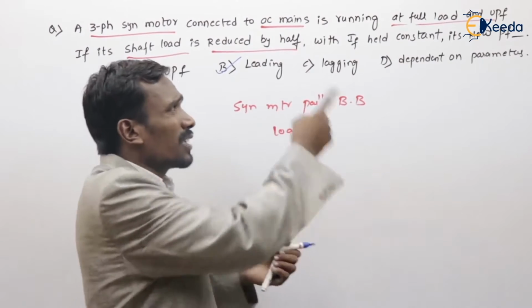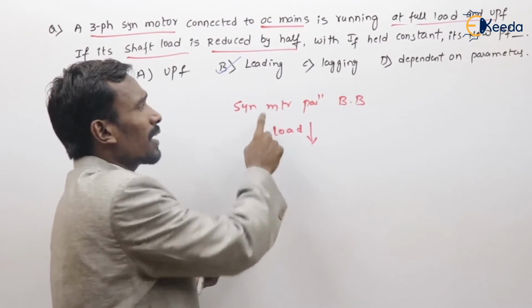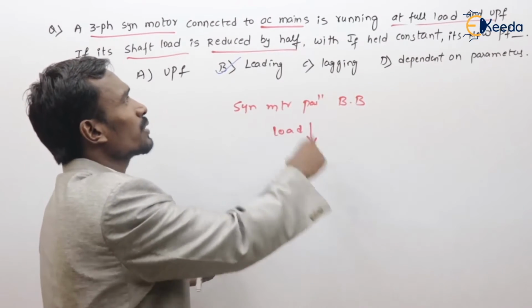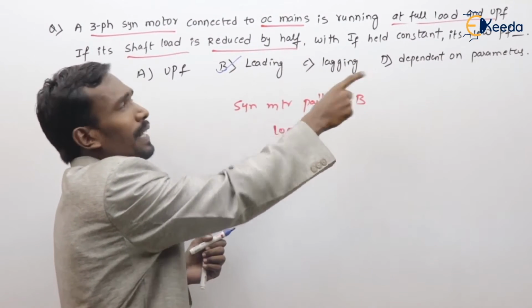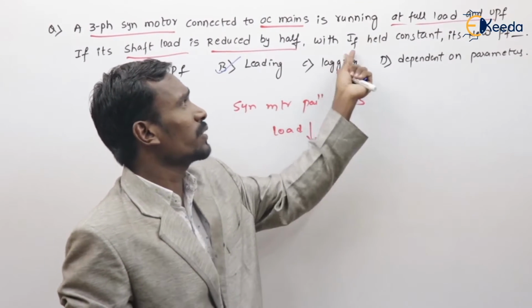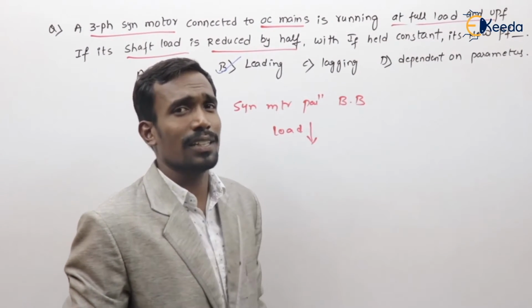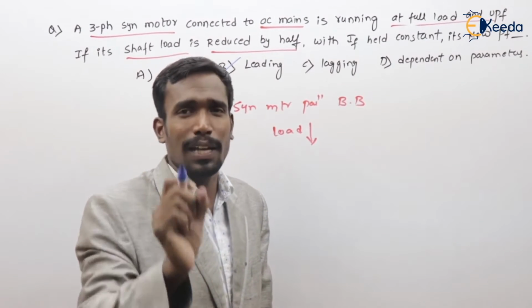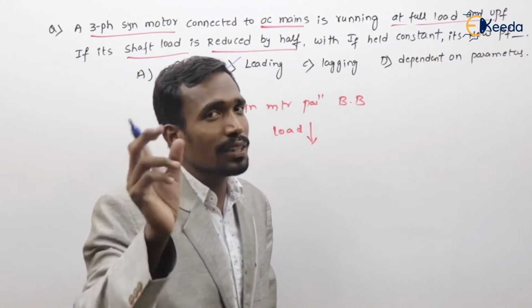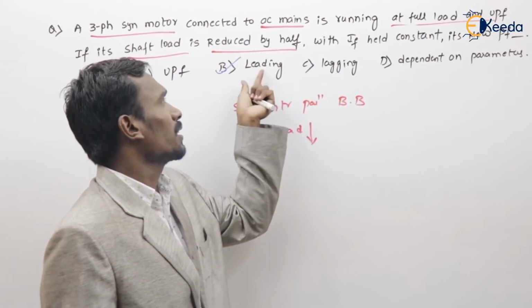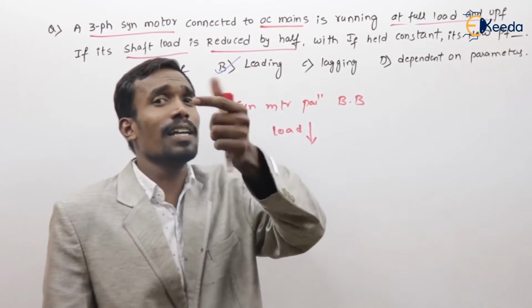In general, in parallel operation of a synchronous motor with a bus bar, when load reduces, the machine operates under leading power factor. This is with field current constant, that is, constant excitation, the effect of supply or effect of load. We can discuss that in that concept. So when load reduces, the machine operates under leading load.